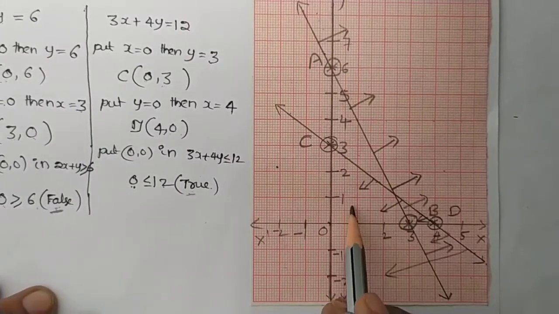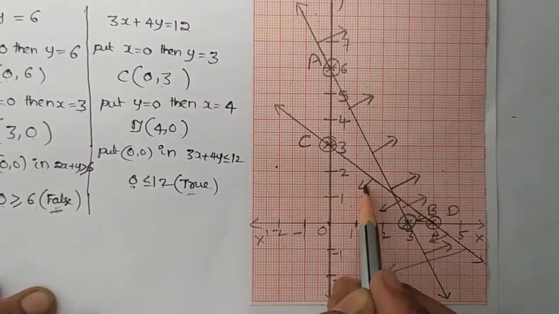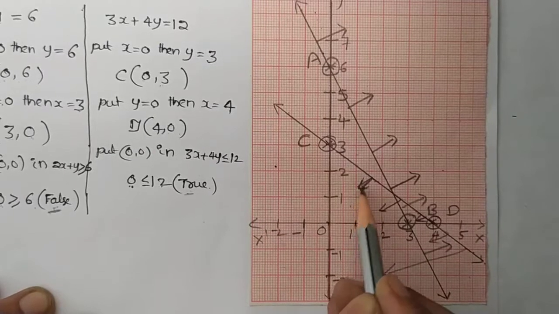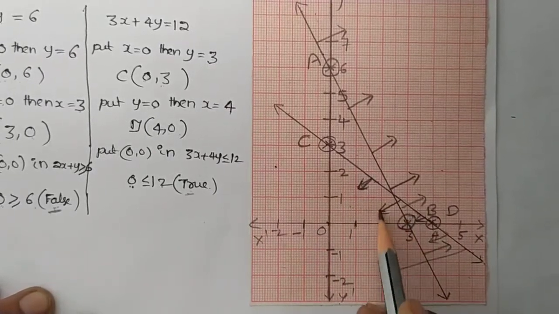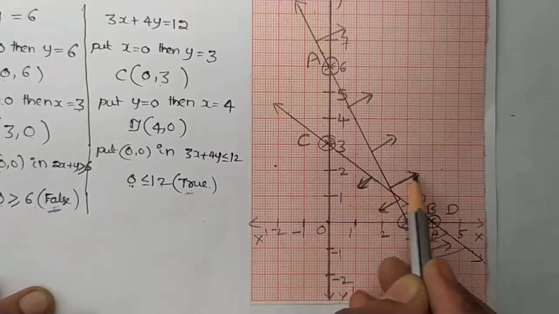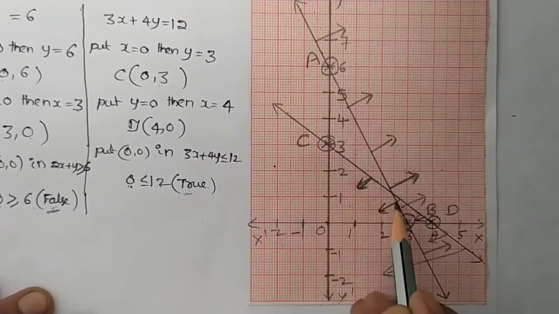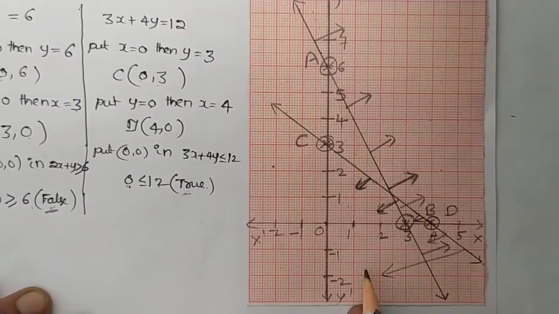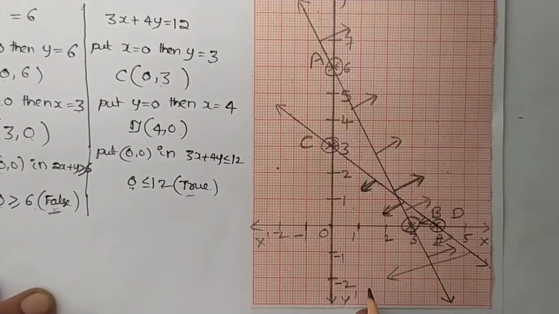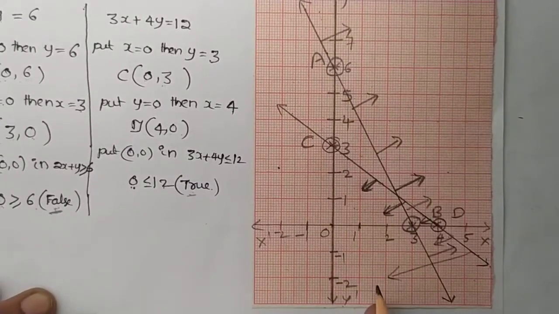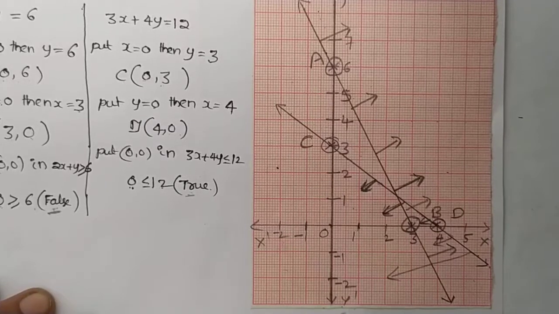This line we are shading towards the origin like this. But what about this line? This line is moving upwards like this, right? Then the solution is where both shaded regions coincide.